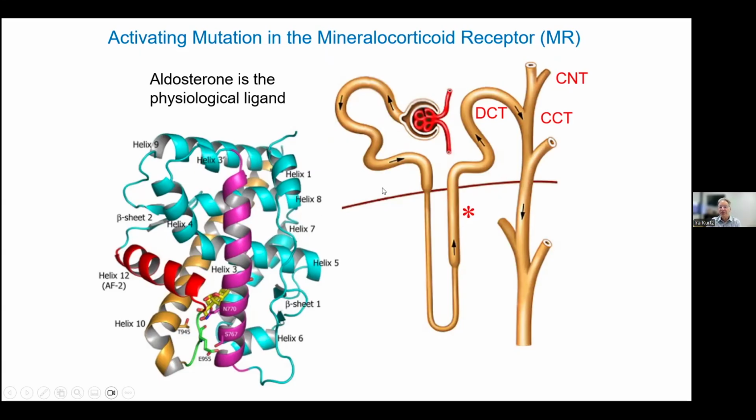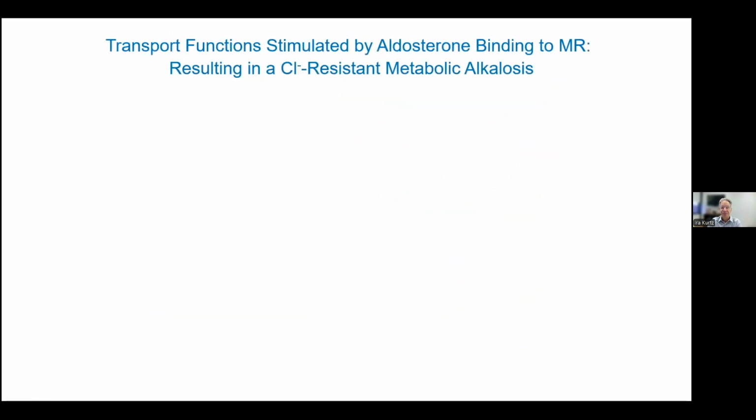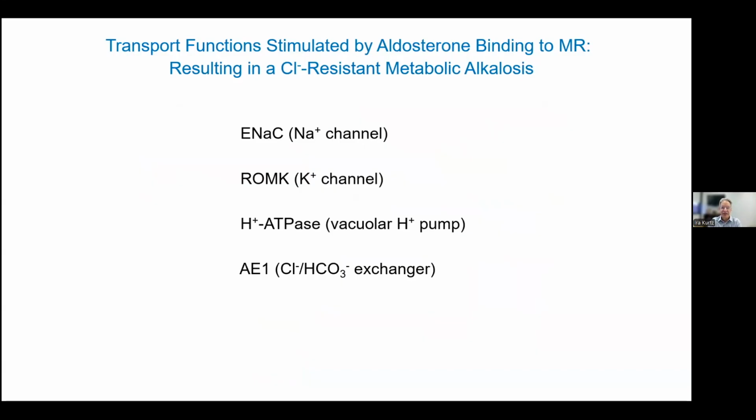And anatomically, it's found in the distal convoluted tubule, the connecting tubule, and the cortical collecting tubule in the nephron. So this part of the nephron here, it's not found throughout the collecting duct. These three tubules here is where the mineralocorticoid receptor is expressed. So when aldosterone binds to the mineralocorticoid receptor, there are downstream events on different transport proteins that are just listed here.